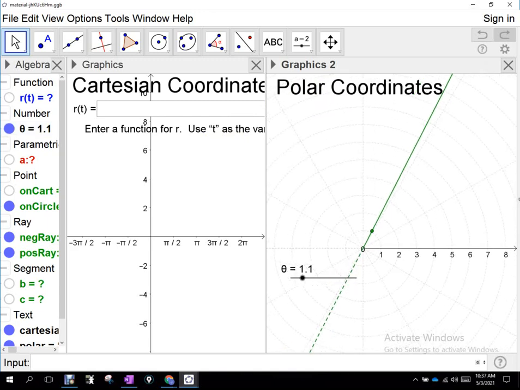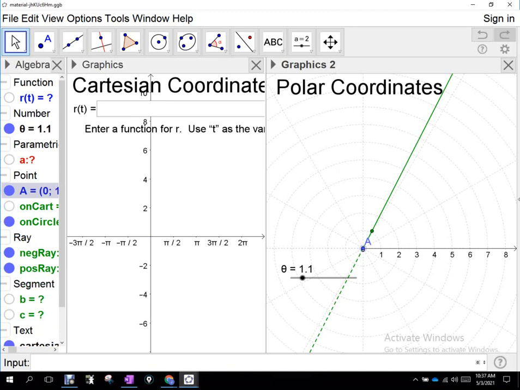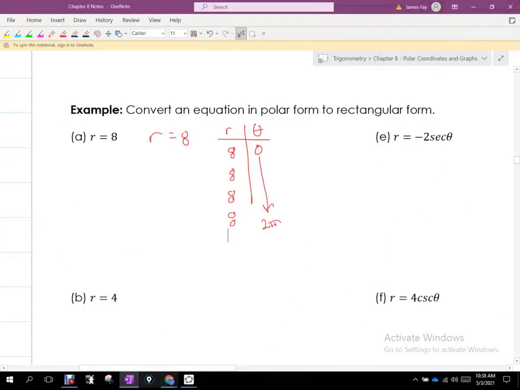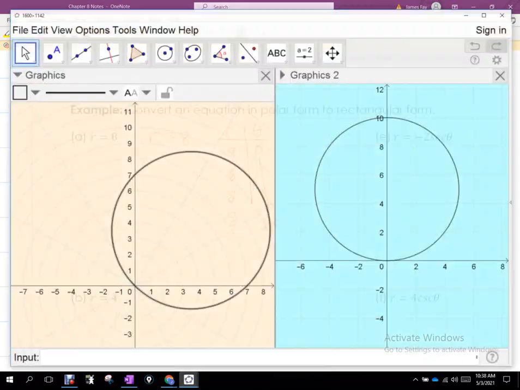Yeah, so if I go 0, 8. Well, let's do it, because I've got some things messed up there in the way I formatted that. Let's go here.